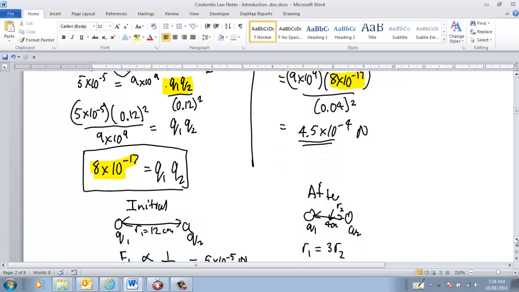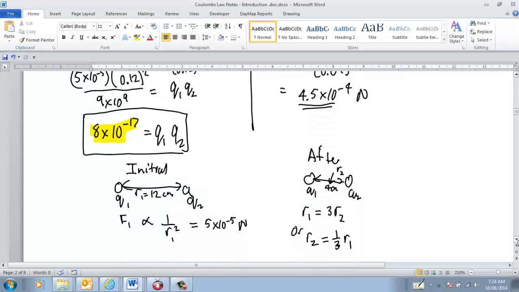Alright, so we know the initial effect and the after effect. For this particular situation, if it's at 12 centimeters, for force 1, that's that. If it's at 4 centimeters for force 2, now that's 45 by 10 to the minus 5. So therefore, it's going to be 9 times as great, isn't it?